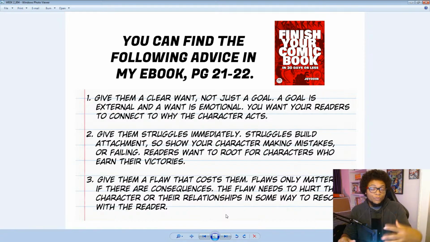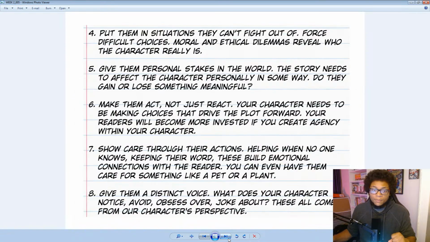And you're making the reader care about them a little bit more. It makes them want to find out how they're going to get out of whatever situation they're in, how they can overcome their flaw, or work around it in some way, shape, or form. So again, that might not be the best example, but that's essentially what I'm talking about.